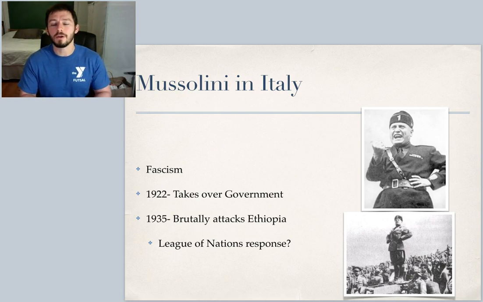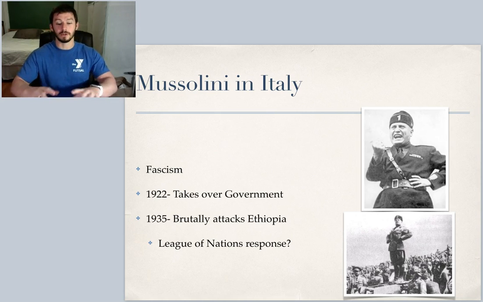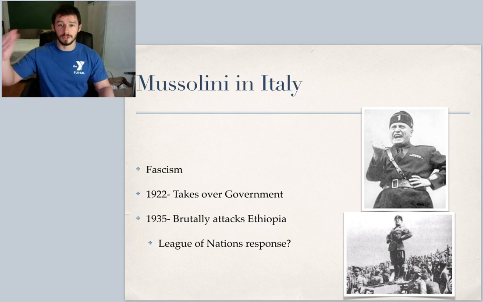He doesn't want to start out, though, against a difficult opponent. He doesn't want to start out fighting against France or someone with a large, modern military that could fight back. He instead wants to go fight in Africa. Ethiopia is his first target. Mussolini's goal is for Italy to basically turn the Mediterranean into a large Italian lake. He wants to dominate North Africa, take big chunks in the Middle East.